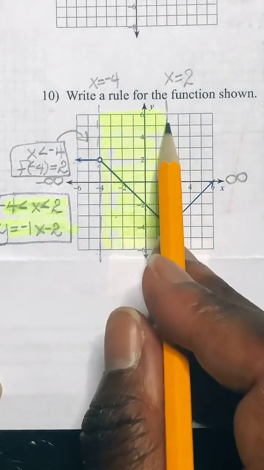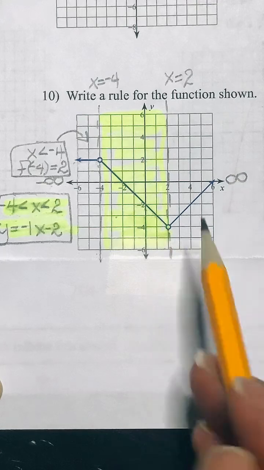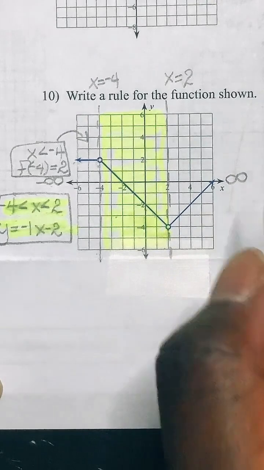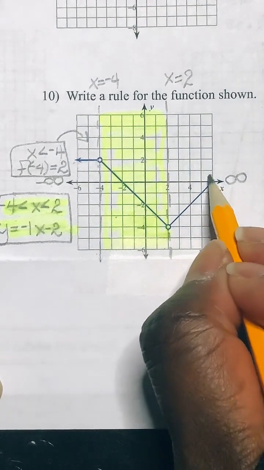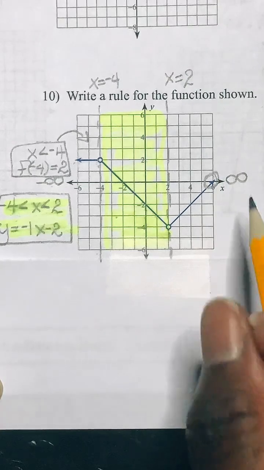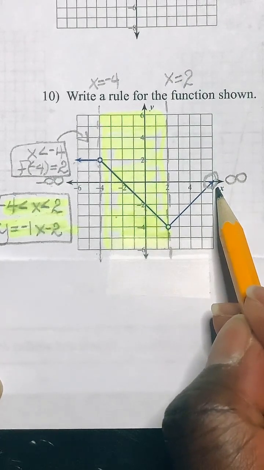There's a boundary line at +2, and it's a line. Okay, notice right here, there's an arrowhead. So that means it's going to keep going to what?